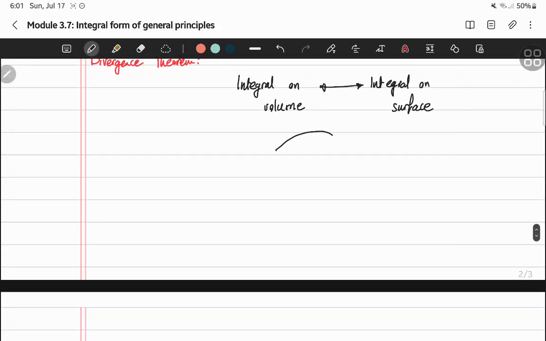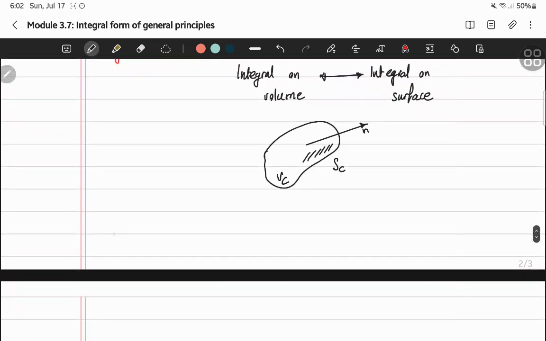So let's say that you have a domain, and suppose this is in 3D. It has a control volume V_C and a normal n, and on the surface, which we call S_C, you have a volume and this volume has a surface, like a ball. This sphere has a volume, but it also has a skin, or a surface.